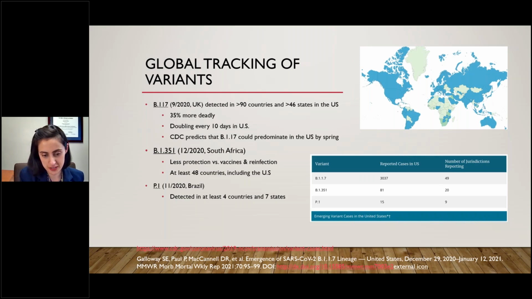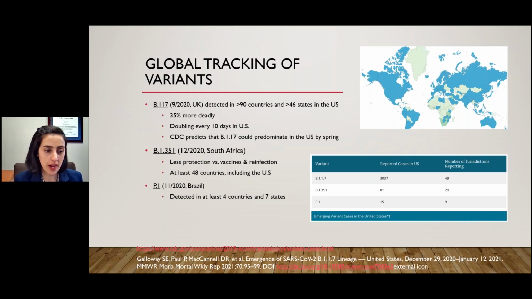And taking what Dr. Unnasch explained a step further, these lineages, these variants, contain multiple mutations that actually change the way that the virus behaves and lead to some kind of selection advantage, meaning that it's ultimately a more fit virus. And so not only do we have one version of that, but we have at least these three fairly dominant versions and potentially several more as we continue to follow this pandemic.